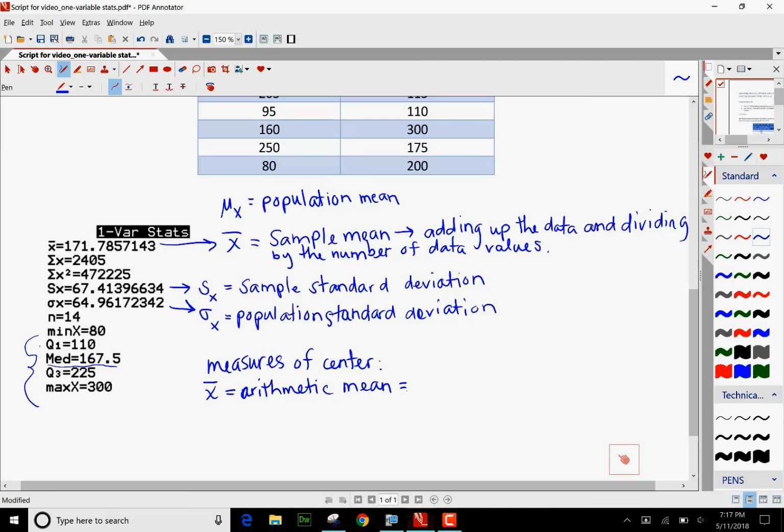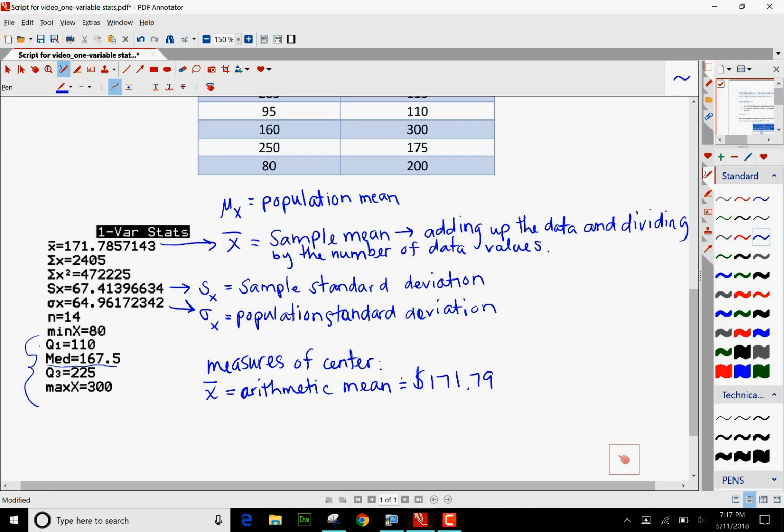And that was equal to, I'll go to the nearest cent since we're talking about dollars, approximately $171.79. That's a lot of money in gas, isn't it? Appreciate your instructors. We work hard for you.